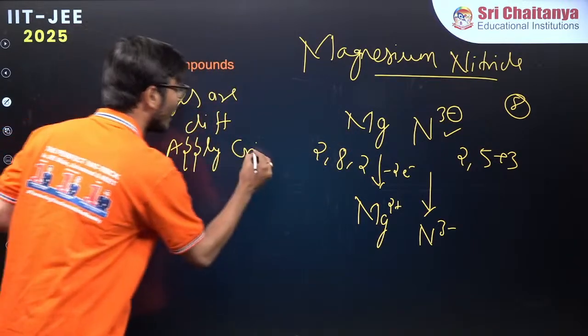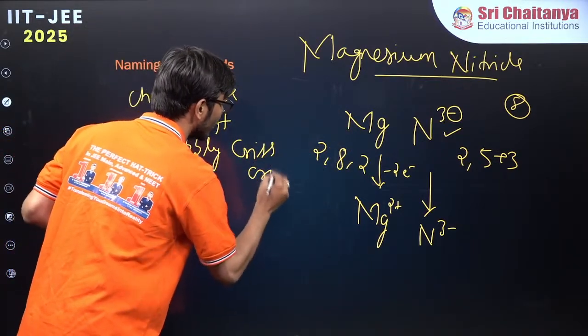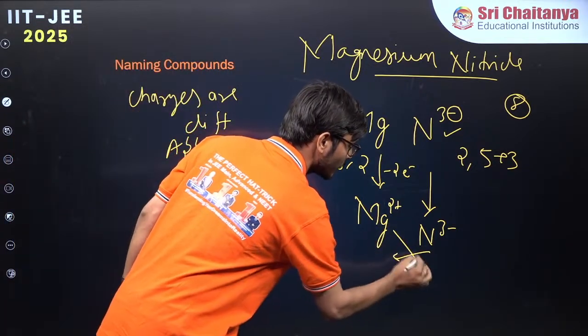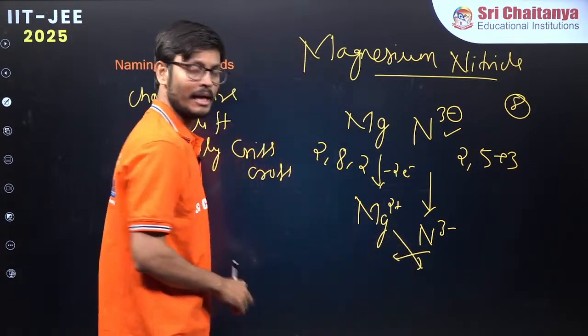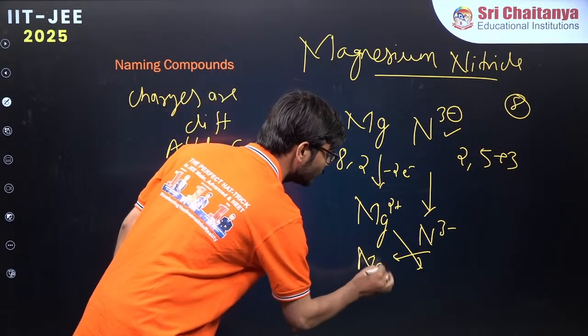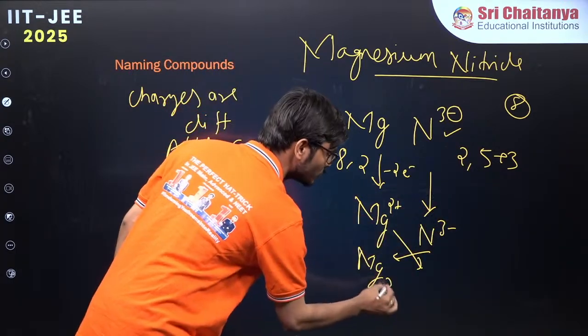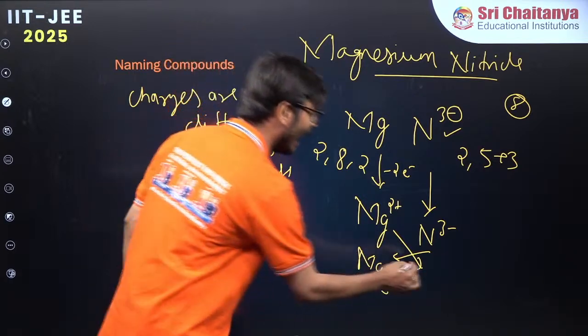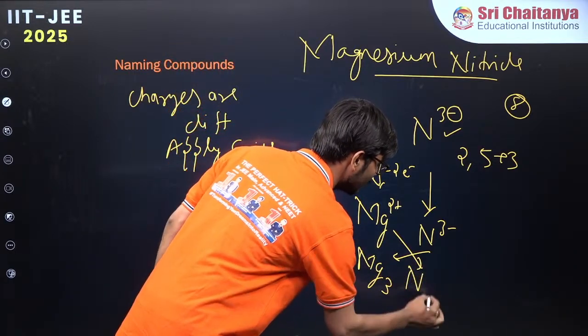Okay, so apply crisscross. What I mean is crisscross. So this number should come over here and this number should come over here. What I mean is magnesium, what is the number? 3. So it should become like this. It should become subscript. Mg3 and it will become N2.